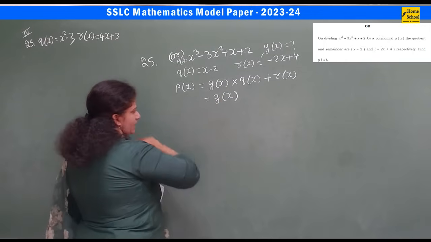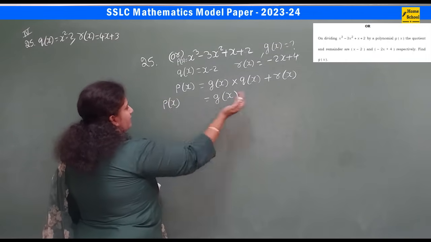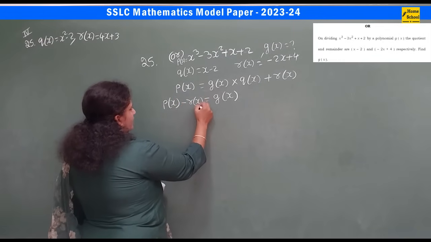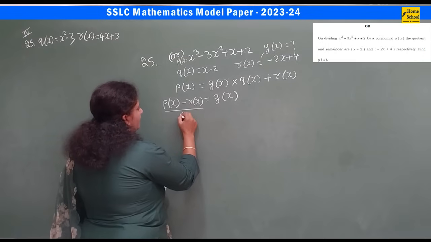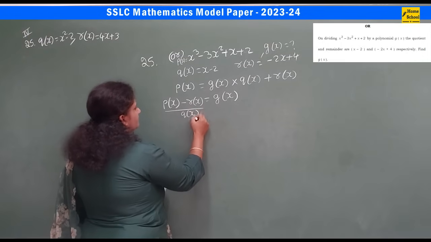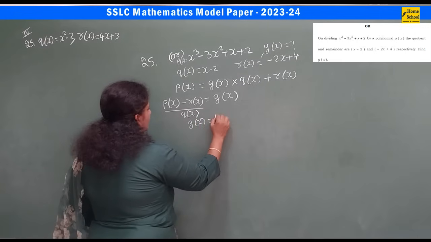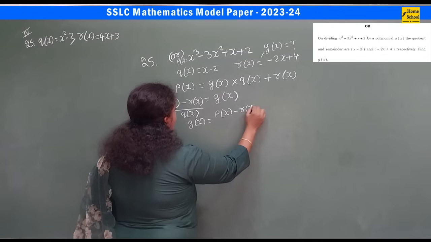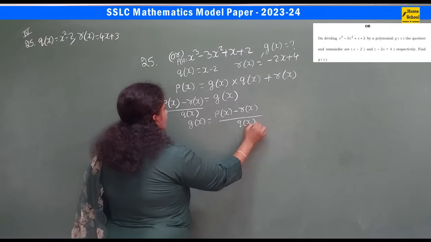G of x equal to, make a move p of x and bring r of x this side, minus r of x. And this multiple, if it comes other side, it will be divided. Now rearrange again. G of x is equal to p of x minus r of x by q of x.